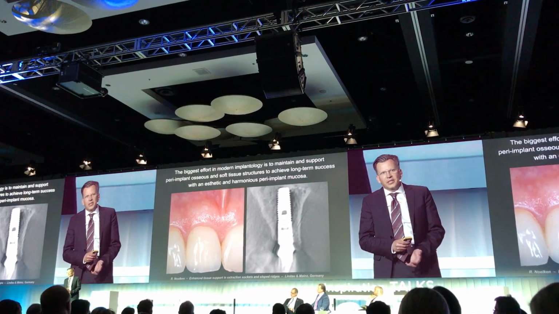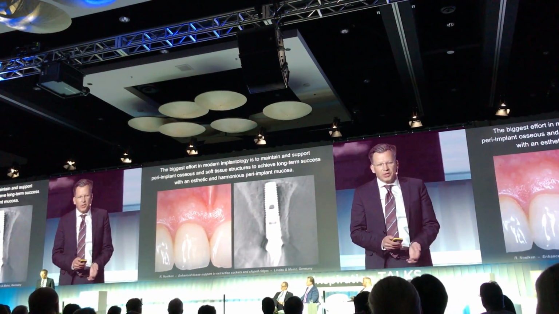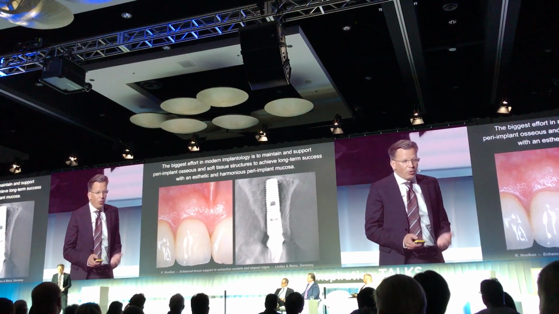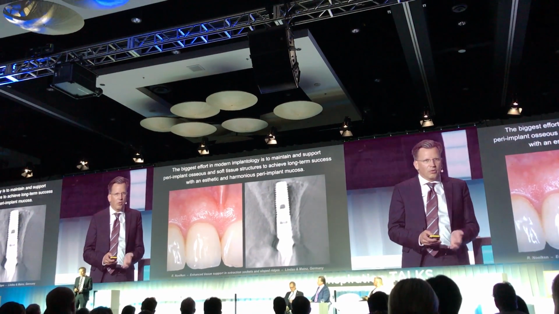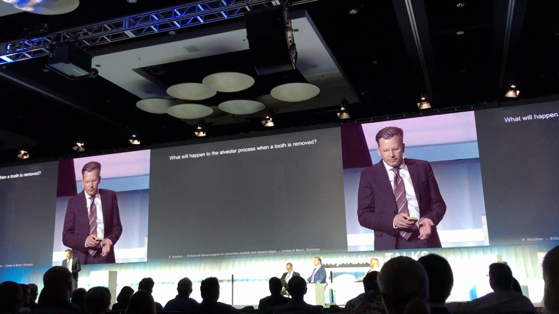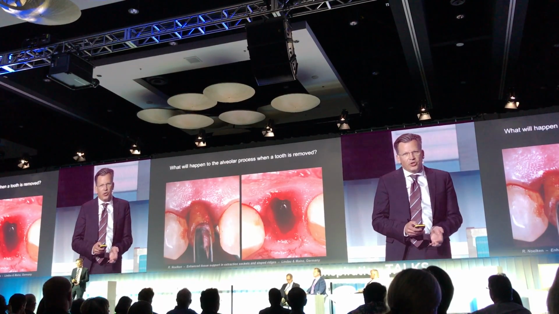The maintenance of bone and soft tissue around implants is the most important goal in implant dentistry. With this new implant design, we try to support the peri-implant structures perfectly for a long-term, aesthetically nice mucosal result. The alveolar process is a tooth-dependent tissue.